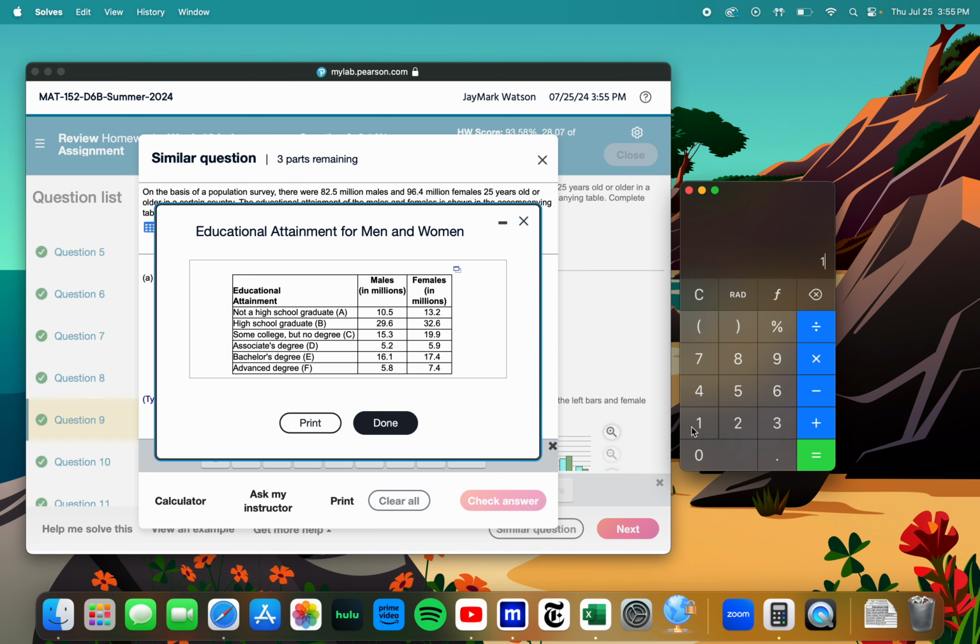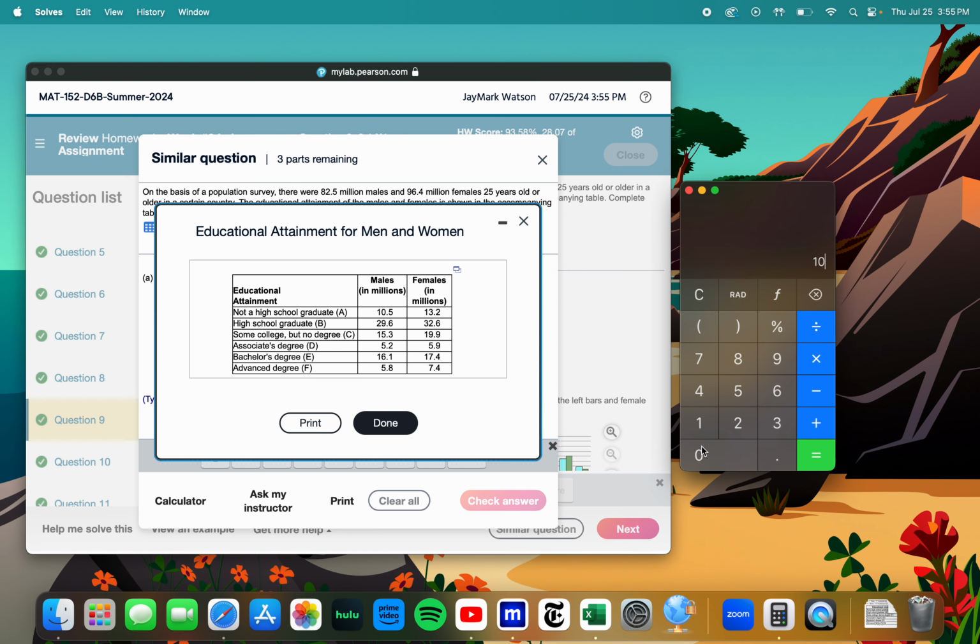We got 10.5 plus 29.6 plus 15.3, 0.2, 16.1, and 5.8. There you go. That is 82.5. So now we're going to take all these and divide by 82.5.